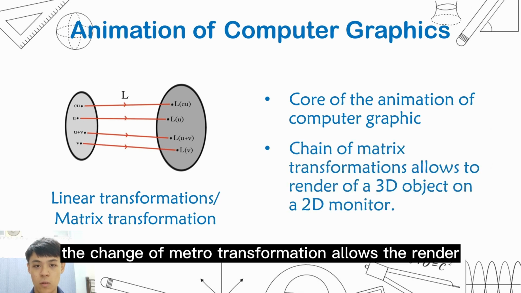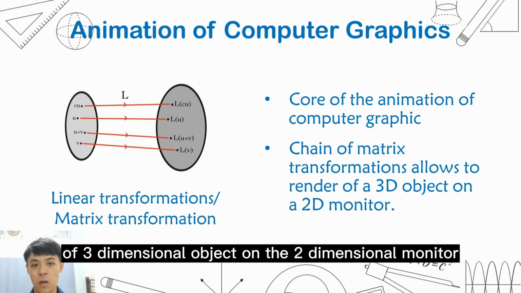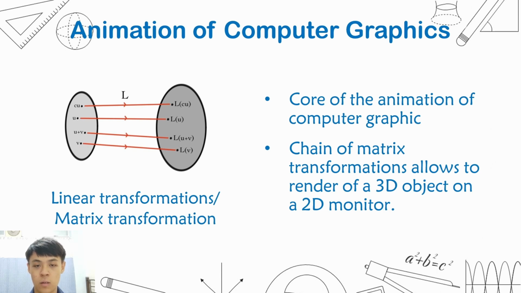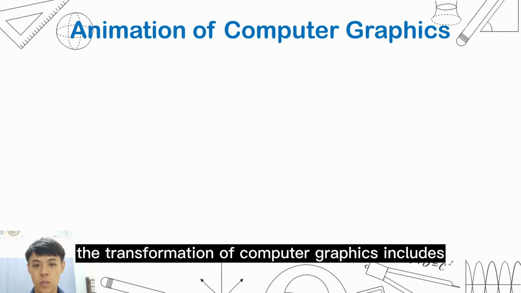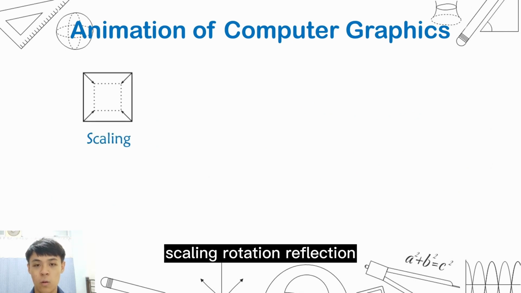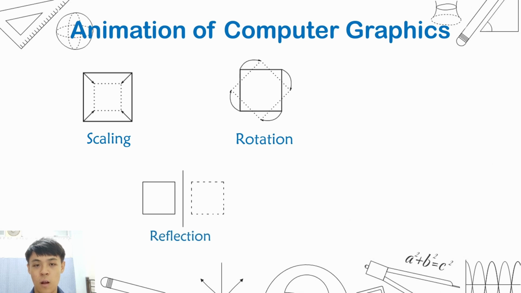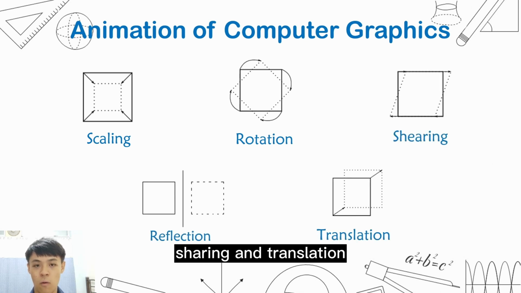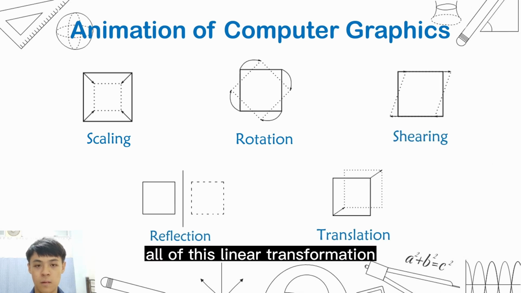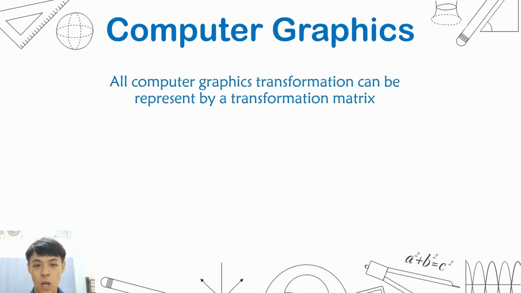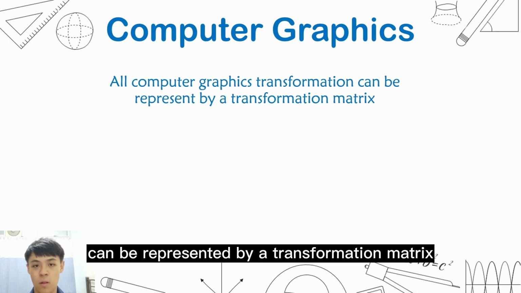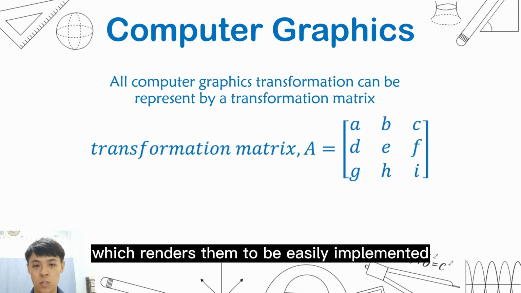The change of matrix transformation allows the rendering of a three-dimensional object on a two-dimensional monitor. The transformations in computer graphics include scaling, rotation, reflection, shearing, and translation. All of these linear transformations can be represented by a transformation matrix, which renders them easy to implement in practical scenarios.